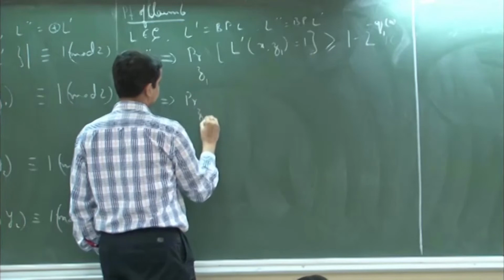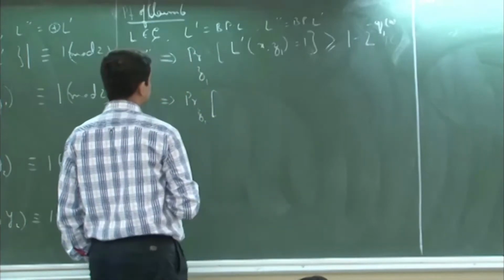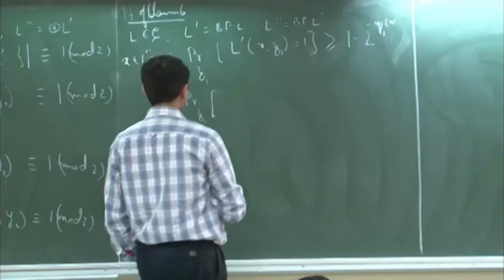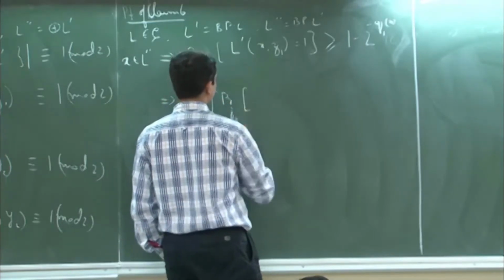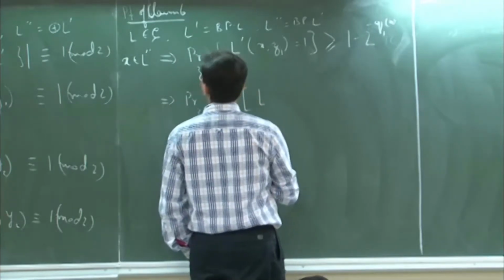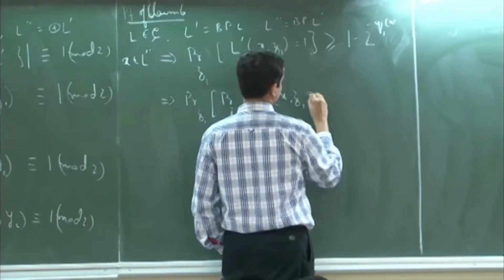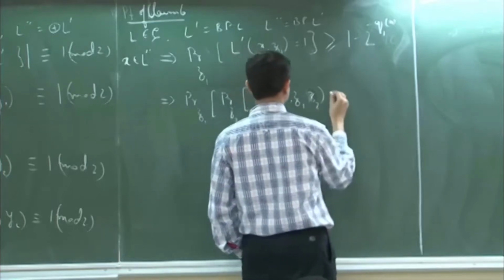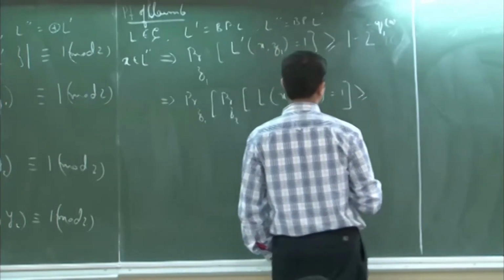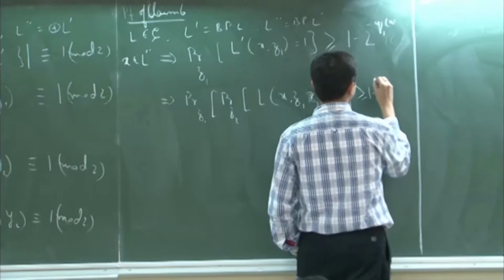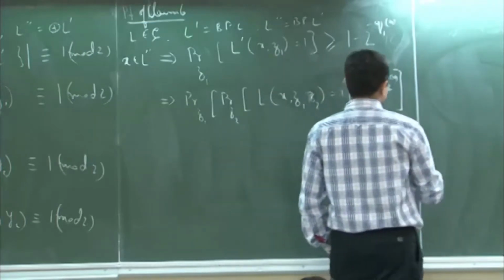This is true if the probability over some other string z2 that L of x comma z1 comma z2 is equal to 1 happens with some probability greater than 1 minus 2 to the power minus q2 of n.